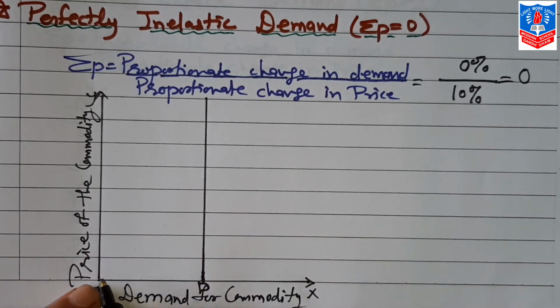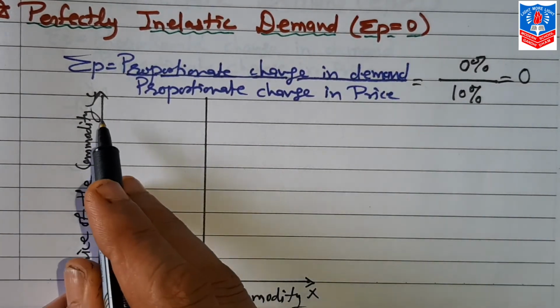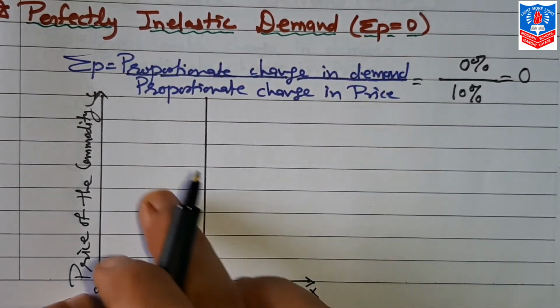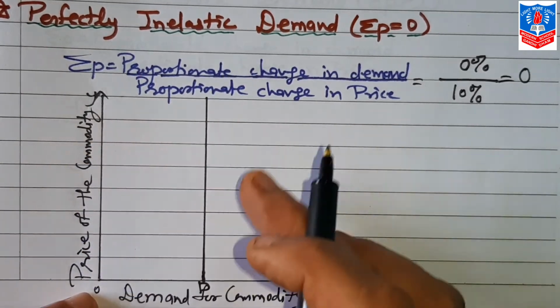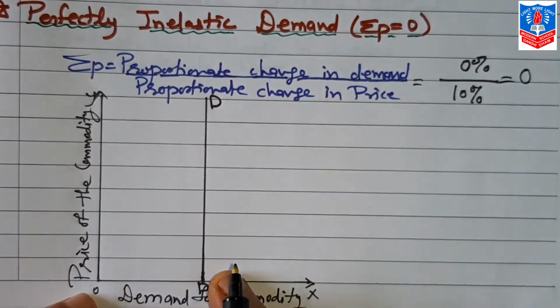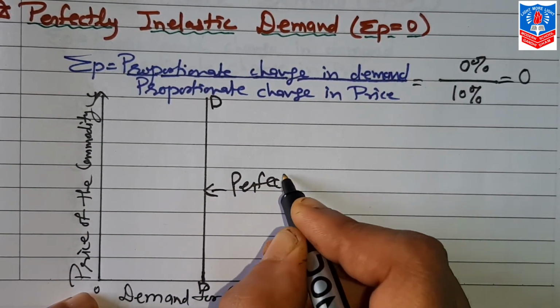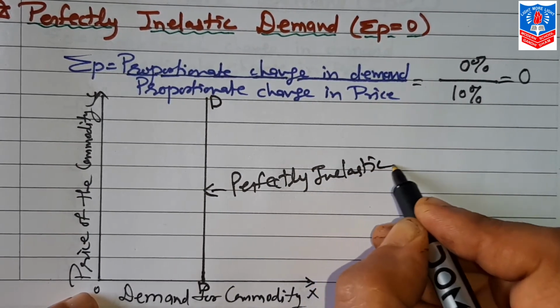Because here the price increases by 5%, 10%, 15%, but the demand remains constant. Whatever the price, whether 5%, 10% or 20% increase, this demand remains the same, which I have shown here, the DD curve. So this is perfectly inelastic demand.